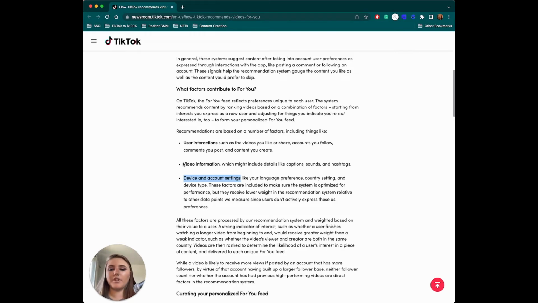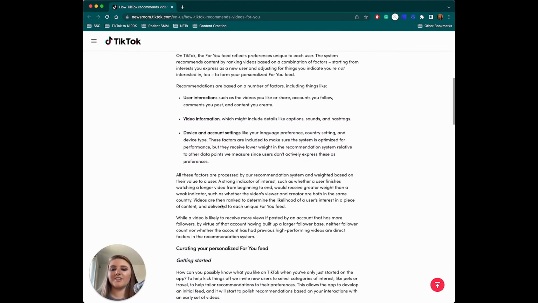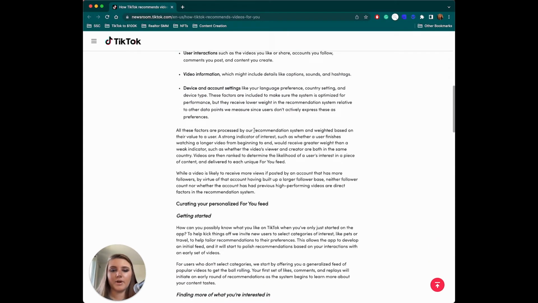But video information and device and account settings are a lower weight in the recommendation system relative to other data points that they measure, because they aren't as important as what content the user is interacting with. So all of these factors together get processed by the recommendation system, and they're weighted based on their value to a user.